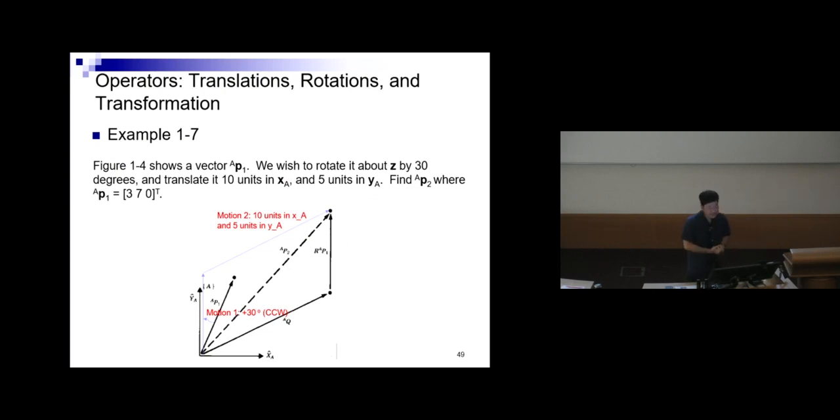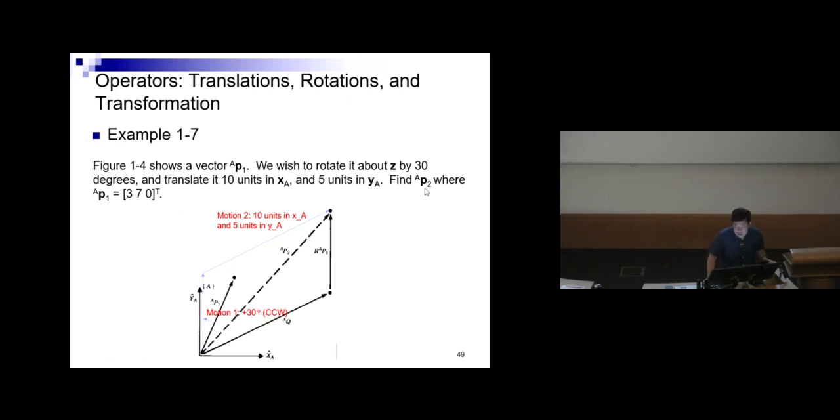For example, in example 1-7, we show figure 1-4. You have a vector AP1. We wish to rotate it about Z by 30 degrees and translate it 10 units in XA and 5 units in YA.